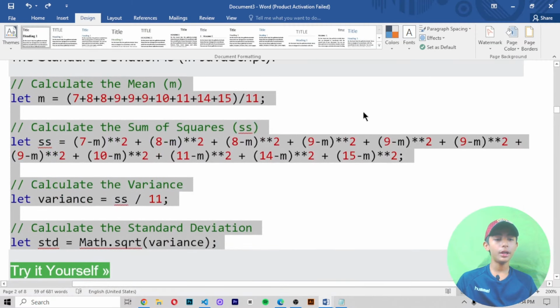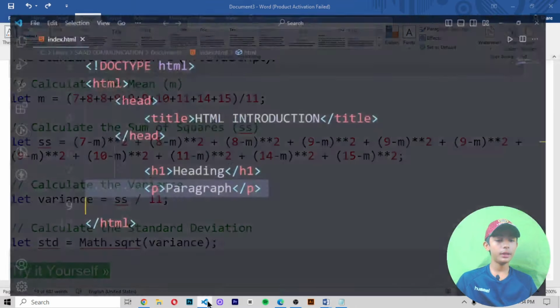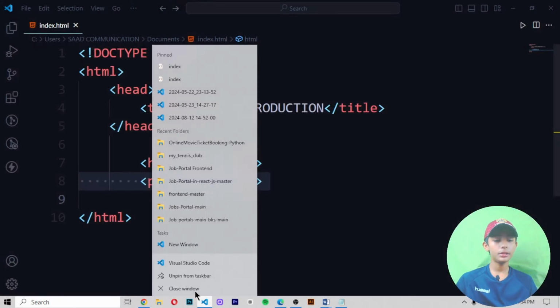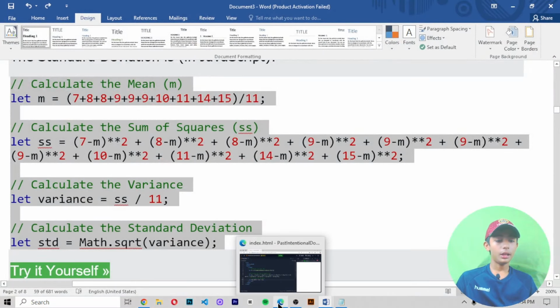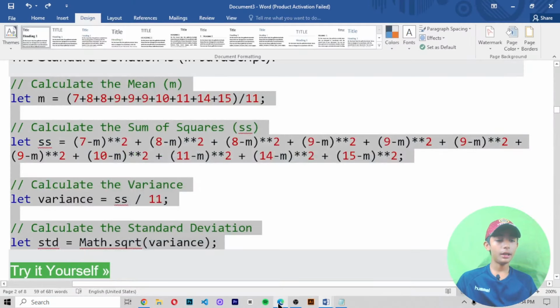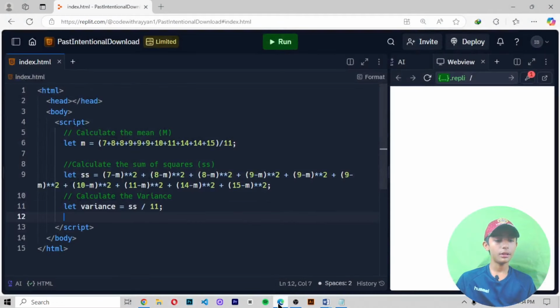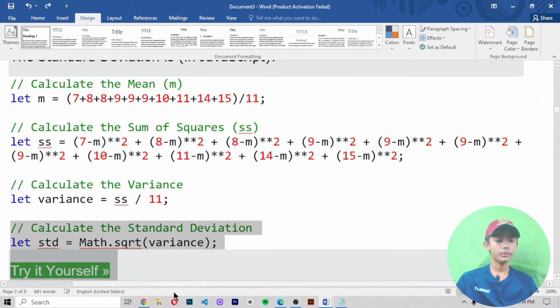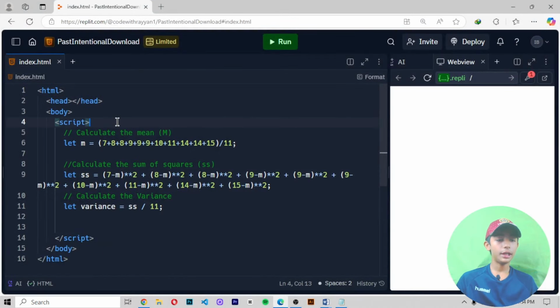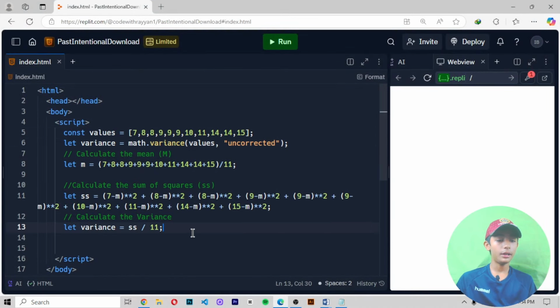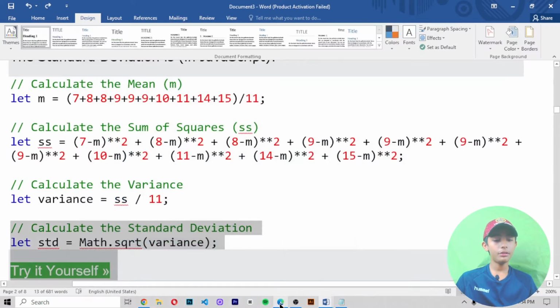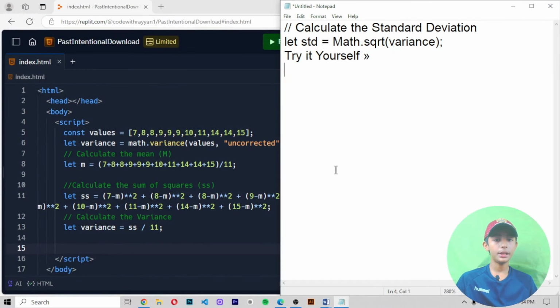So what we will do here, we will calculate the mean, and then here we write let variance SS. Then we add our new line, let me show you which line. First of all we add this, and here we define one new line, copy it and then paste it.